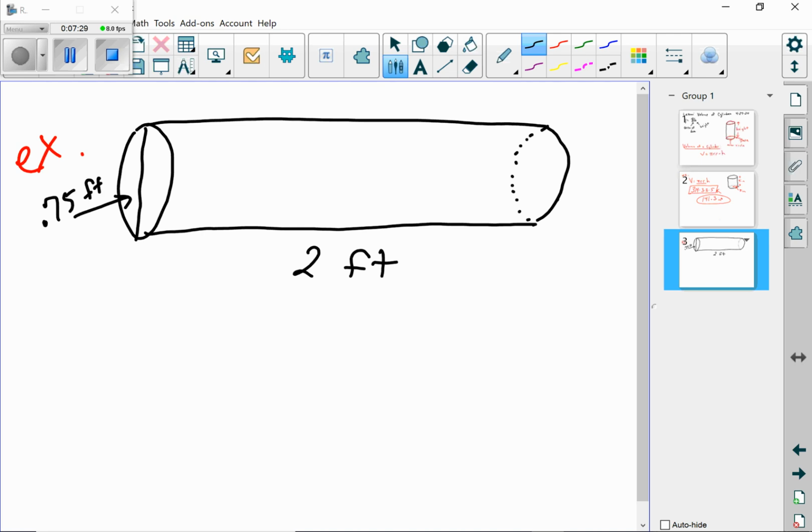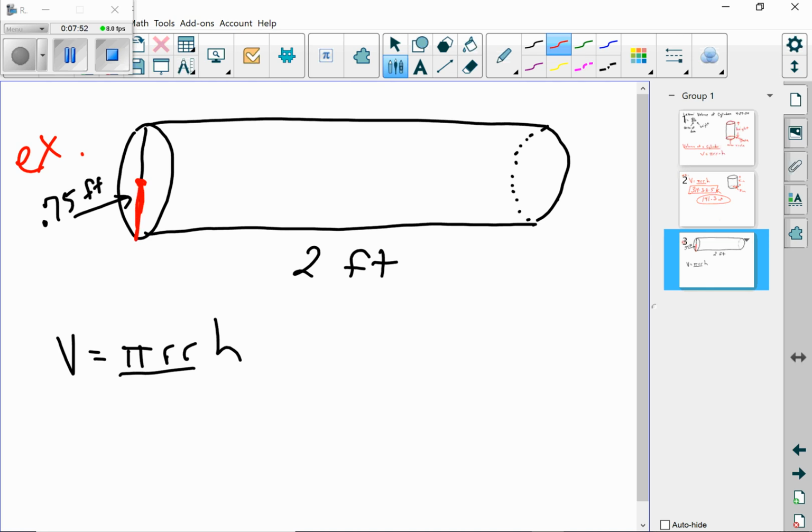Okay, so not quite 1 foot. All right, so we got some work to do here. I want to find the volume of the pipe. The volume of the pipe is a cylinder, so it's still pi r squared h. In order to find the area of the circle, I need the radius. I don't have the radius, right? The radius would be half of this black line, right? So I need half of it.